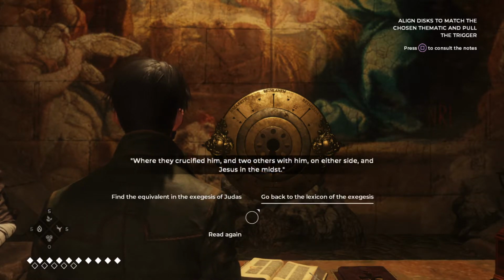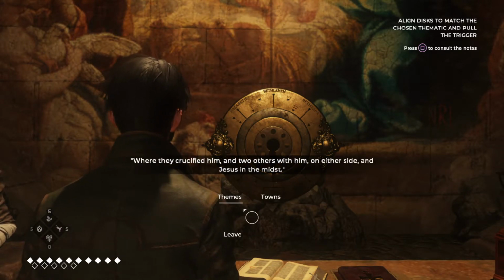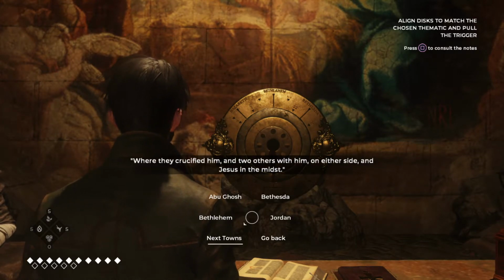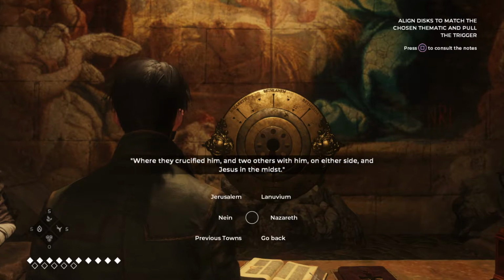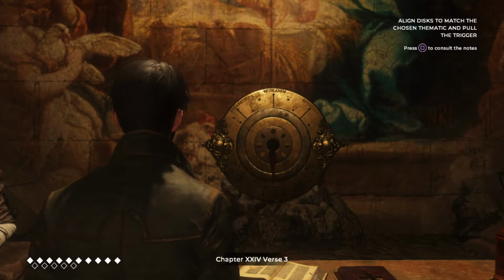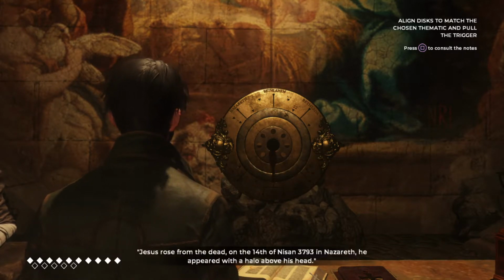I think we need to go back and have a look at something here. Chapter 24, verse 3. Jesus rose from the dead on the 14th of Nisan, 3793, in Nazareth.